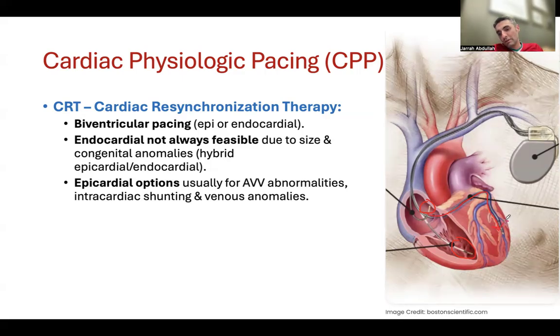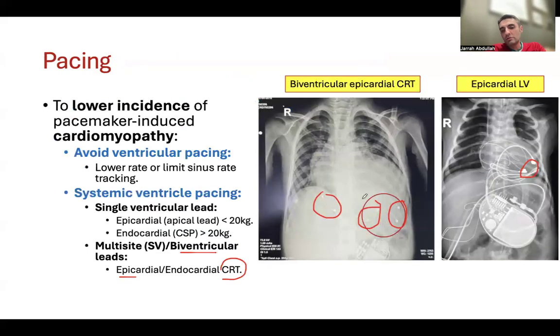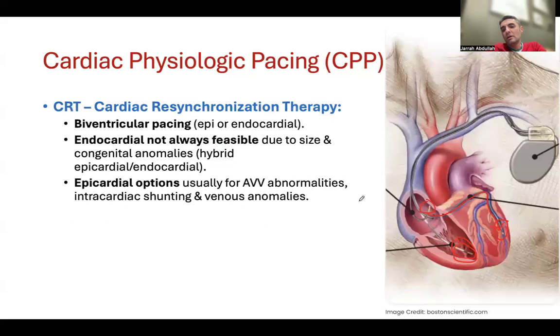Now you have a left ventricular lead and a right ventricular lead, and this is called cardiac resynchronization therapy. This is the transvenous option. I already showed you an epicardial option in the past slide, if you remember. That was the epicardial option, and this is the endocardial option, cardiac resynchronization therapy.